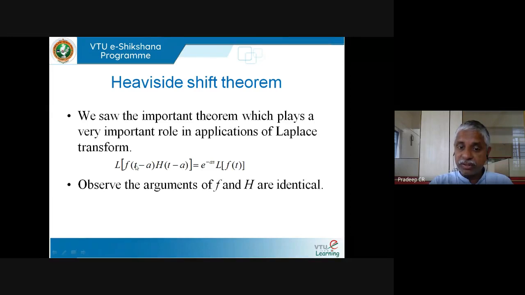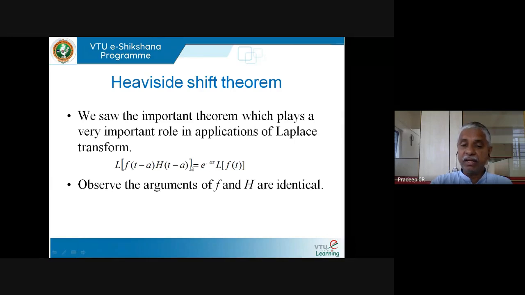What is it that you have to observe here? You have to find Laplace of f into h, where f and h both have the same argument. That was one reason why I wrote h in such a funny way, not h sub a. Only for mathematics we would have done that, but engineering people have this notation. Laplace of f of t minus a into h of t minus a is Laplace of f(t) times e power minus as. If I know Laplace of f(t), all I have to do is multiply it by e power minus as.